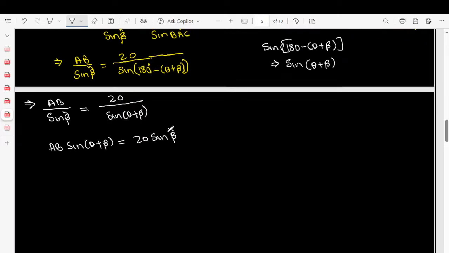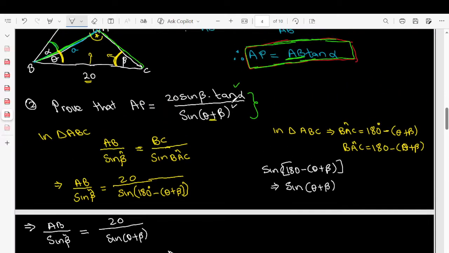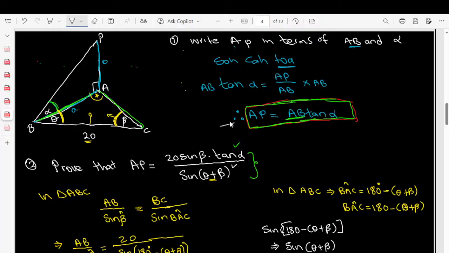Then now we need to calculate AB. We just have to isolate AB by dividing both sides by that sine of theta plus beta. Therefore, AB is equal to 20 sine beta, everything divided by the sine of theta plus beta. That's my AB. And remember, we are trying to calculate the length of AP.